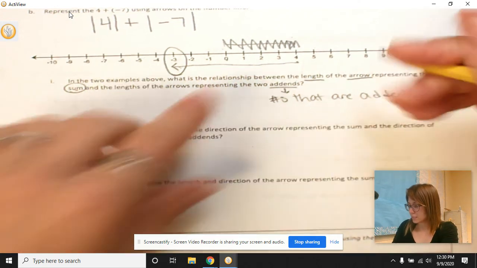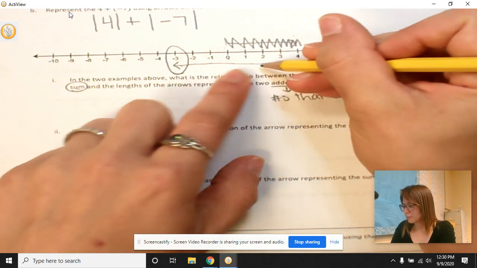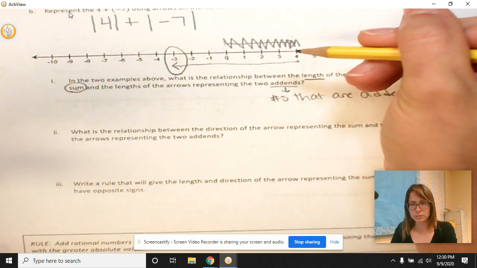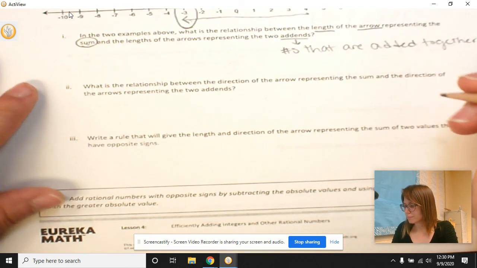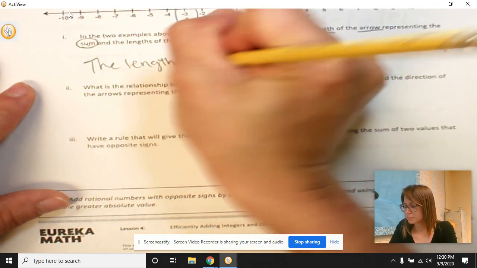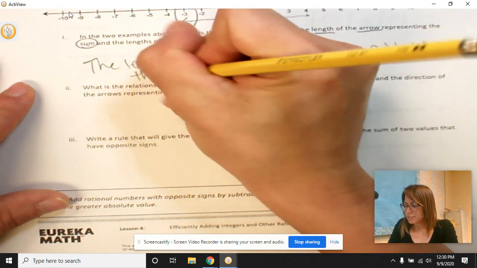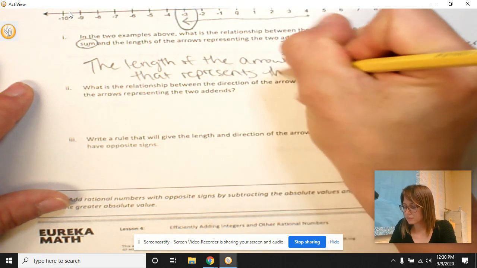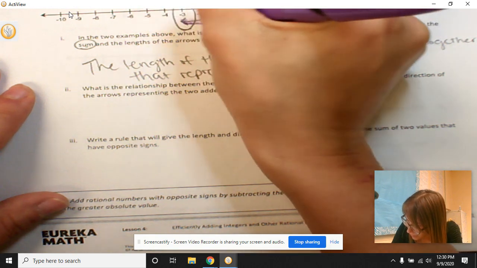So they're asking us, could I have just drawn one line instead of 2? Could I have just drawn one vector instead of 2 vectors? The length of the arrow that represents the sum can be just narrowed down.